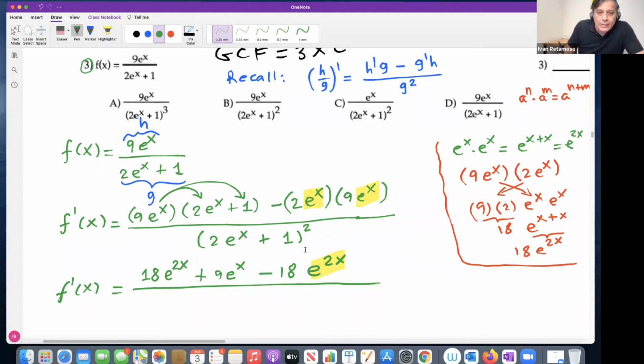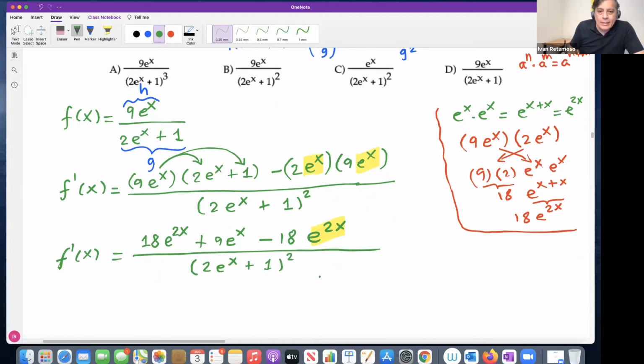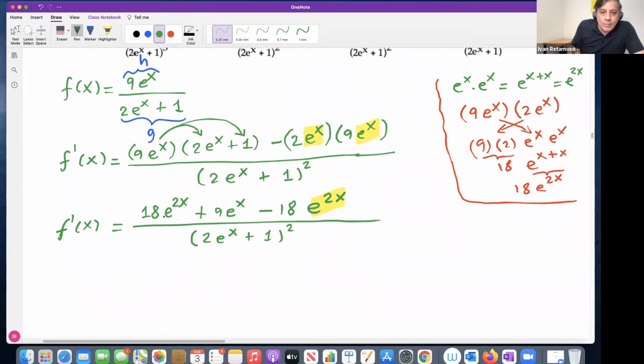Okay, so now on the denominator, notice we have this twice e to the x plus 1 raised to a second power, right? But now on the numerator, notice, surprise, this guy cancels with this guy. They are opposites, right? 18e raised to 2x minus 18 times e raised to 2x, 0.